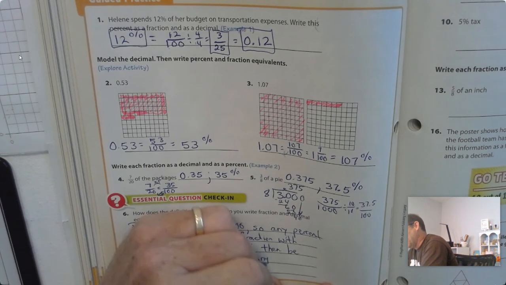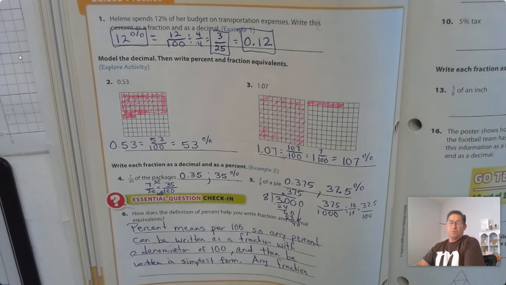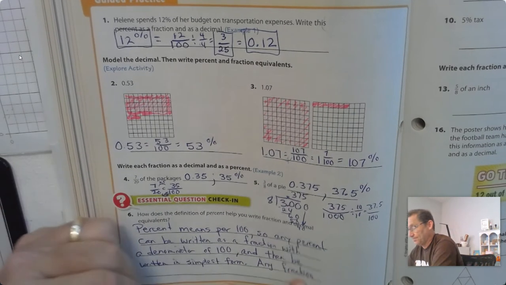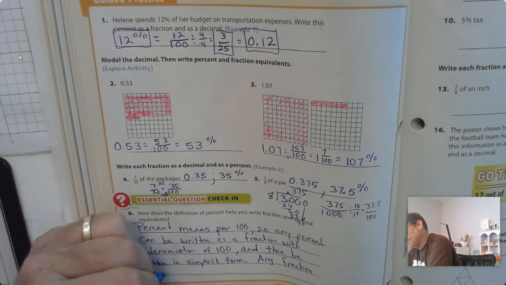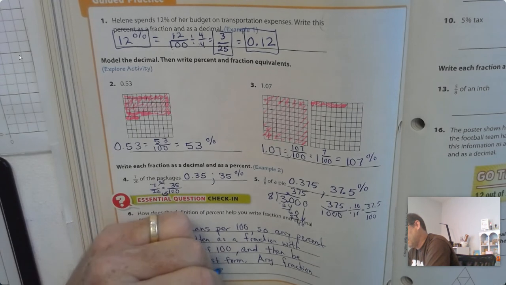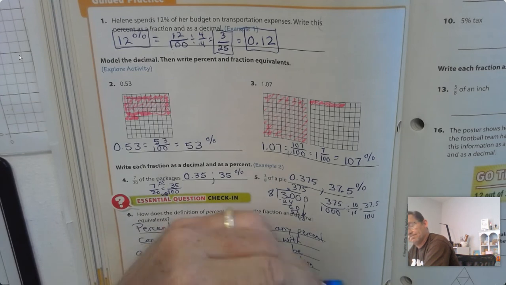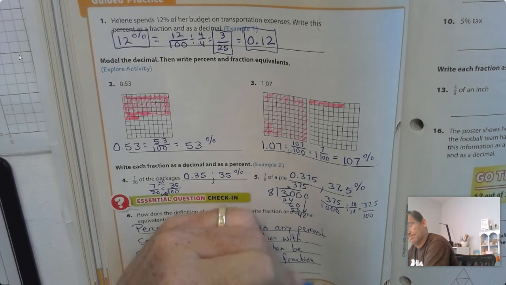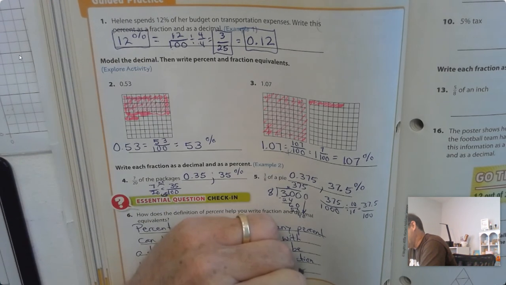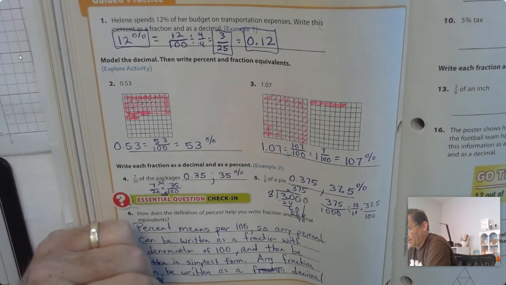And then any fraction can be turned into a decimal by dividing the numerator by the denominator.